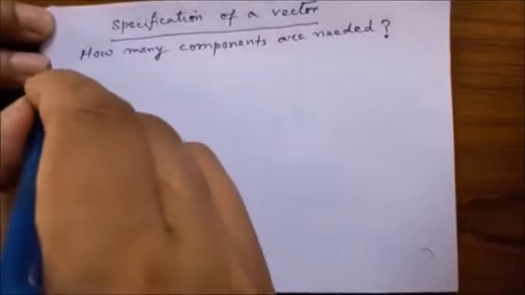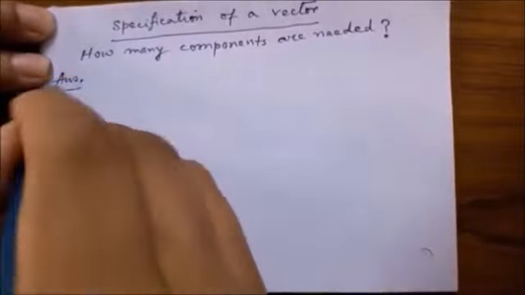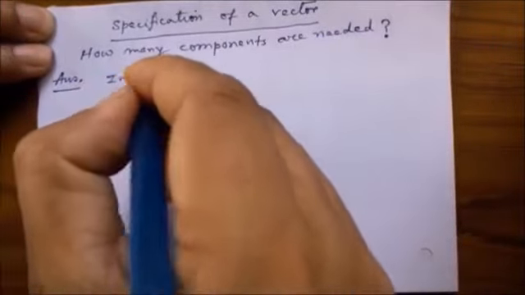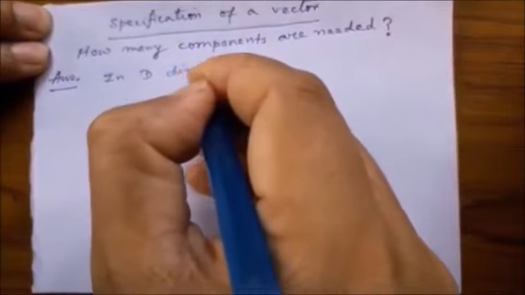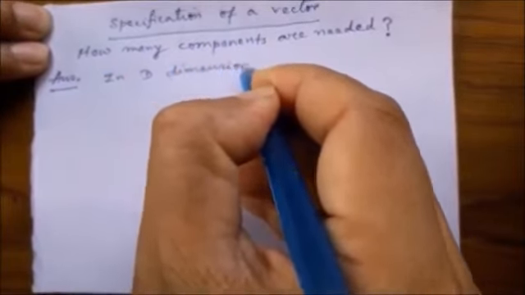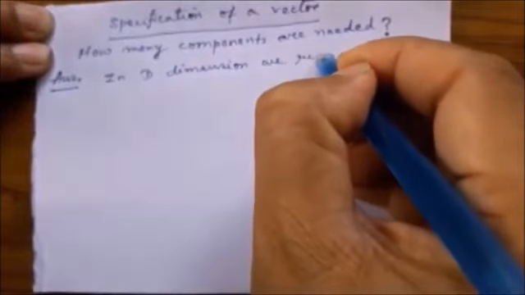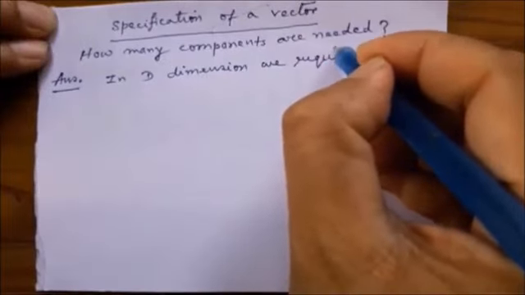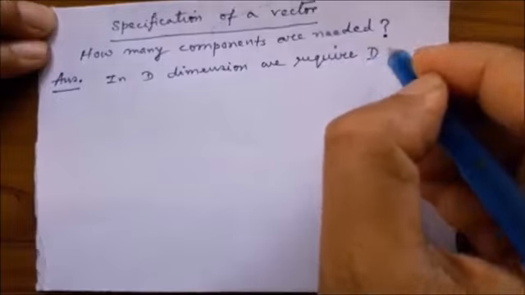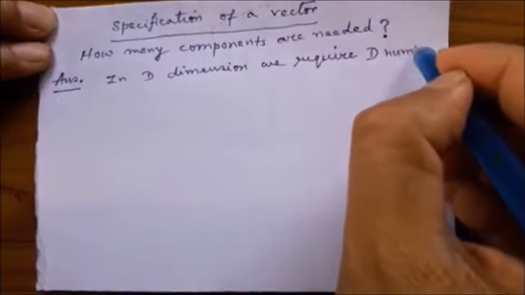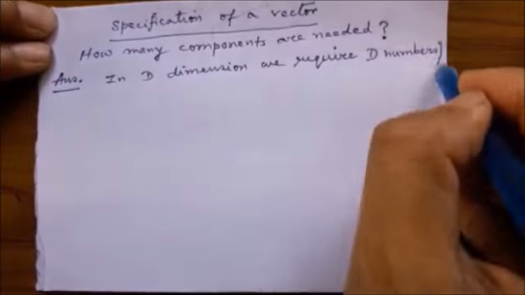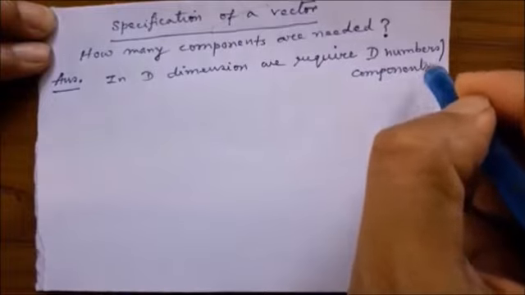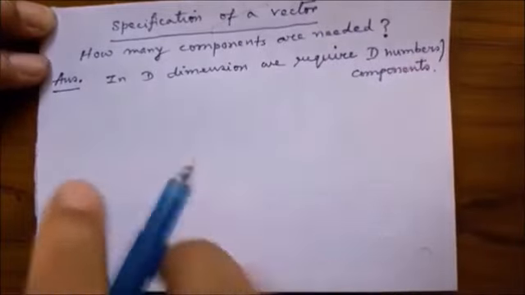Let us give the answer directly. The answer is, in d dimension, we require d components or numbers. Let us illustrate this point.